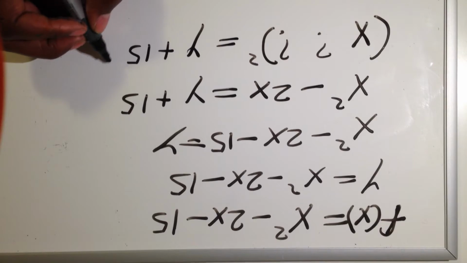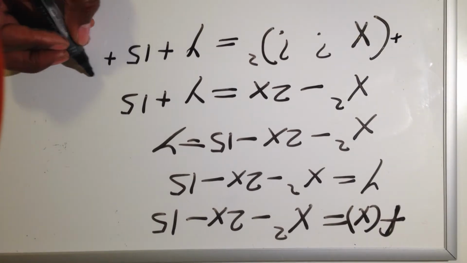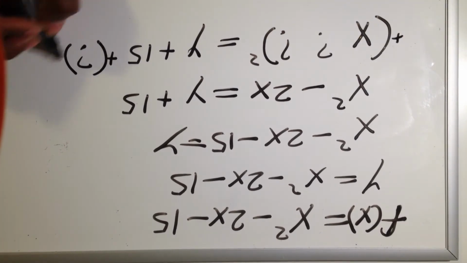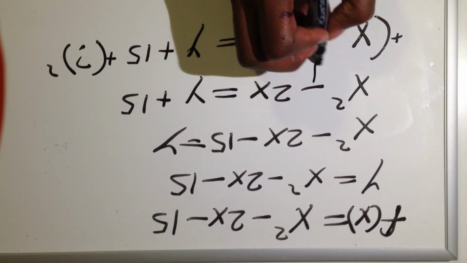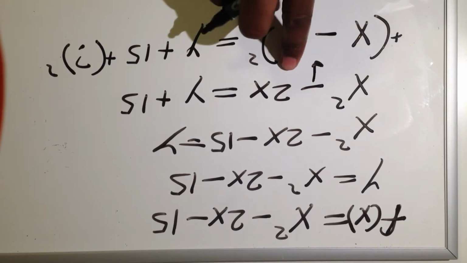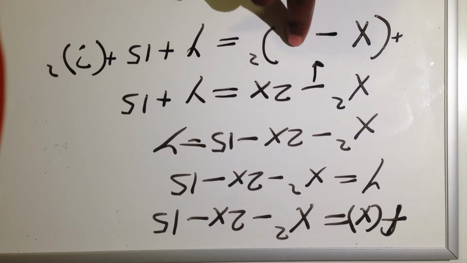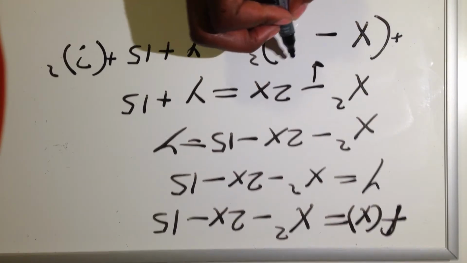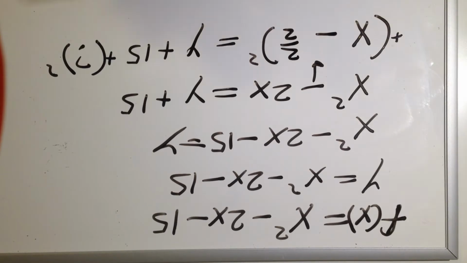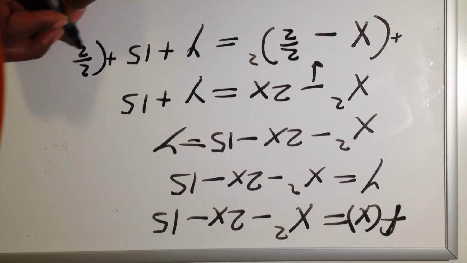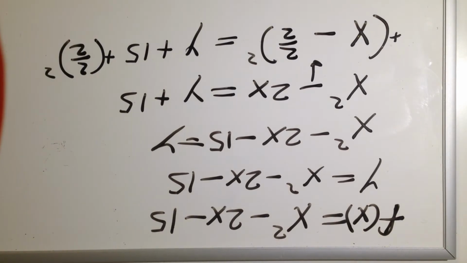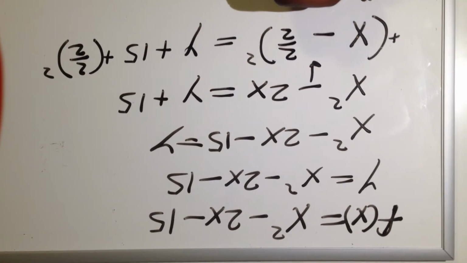The 2 goes here, and 2 is divided by 2. What we do to one side we do to the other side. Now let's simplify it.